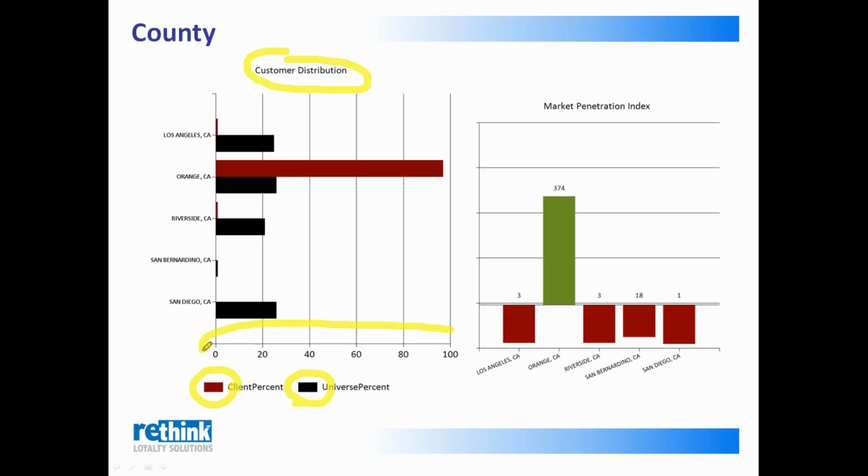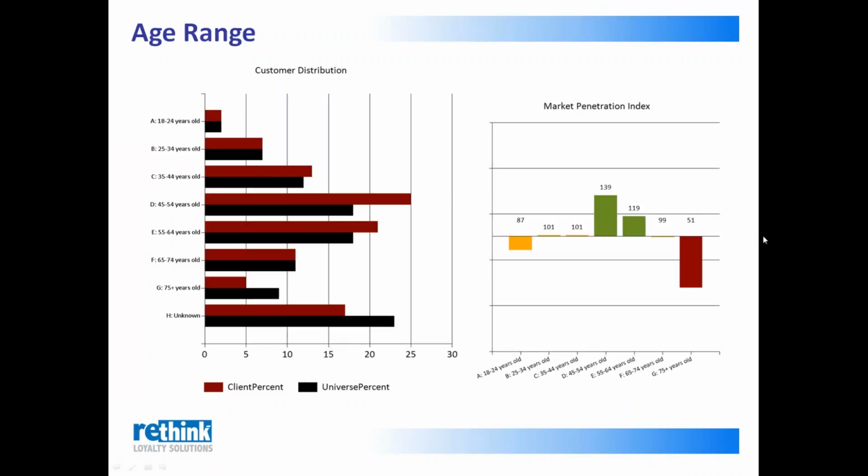On the horizontal axis, we simply have the percentage of each of those two files. Obviously, being headquartered in Laguna Niguel, almost 100% of the customers are in Orange County, so this is really a moot slide. Let me pick another one so that I can illustrate the indexing with a little more relevance.